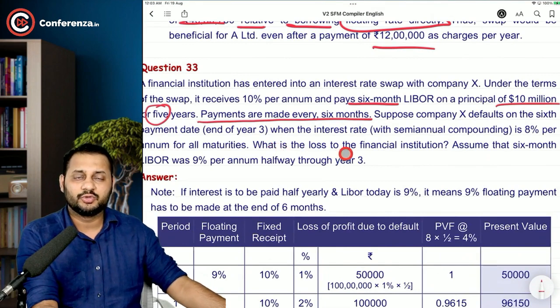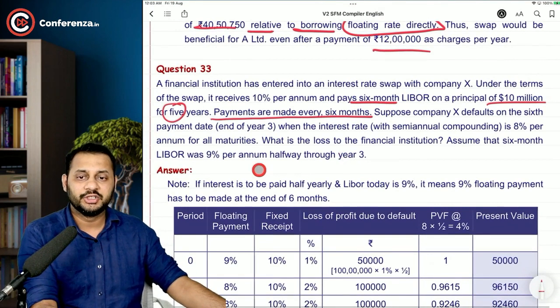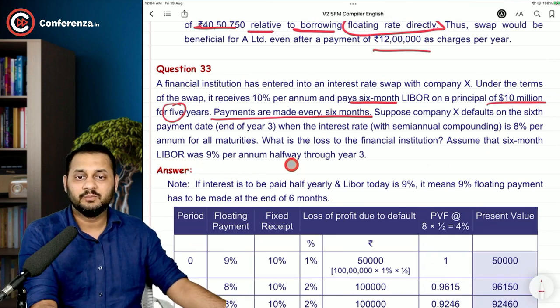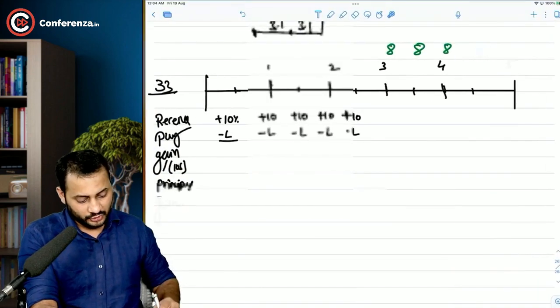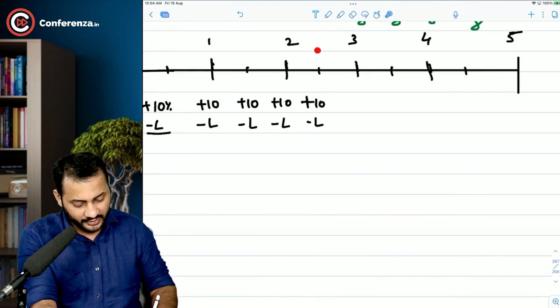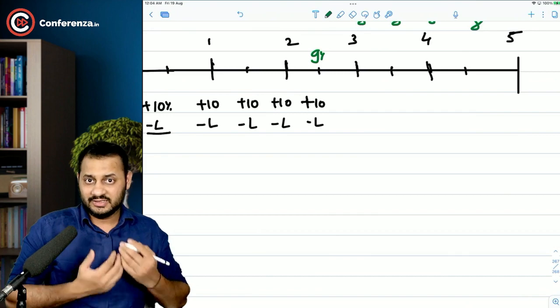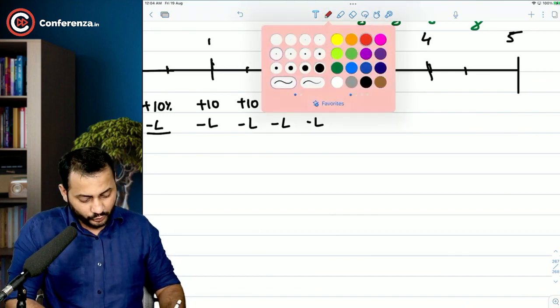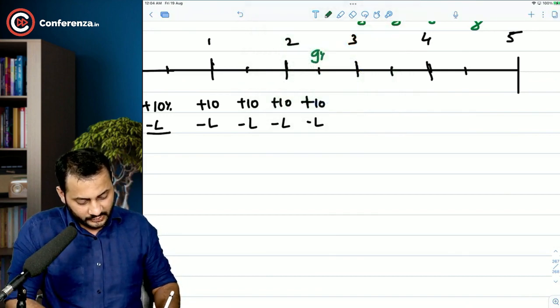What is the loss to the financial institution? Assume that the 6 months LIBOR was 9% per annum halfway through year 3. So halfway through year 3 is this point and it was 9% at this point. This means that we were supposed to receive 10% on this date and pay 9% on this date.